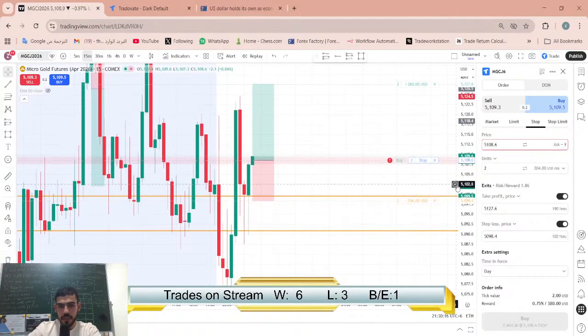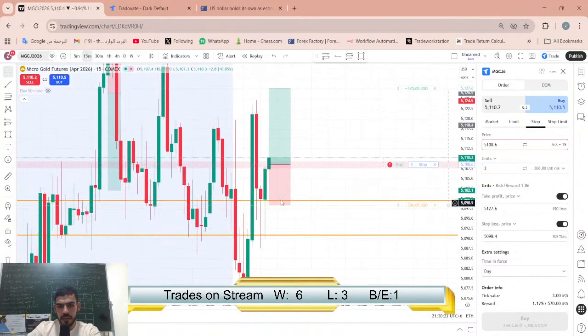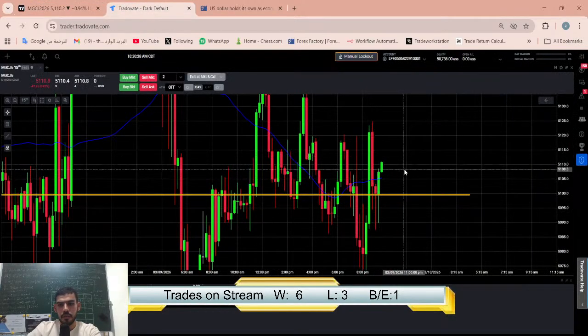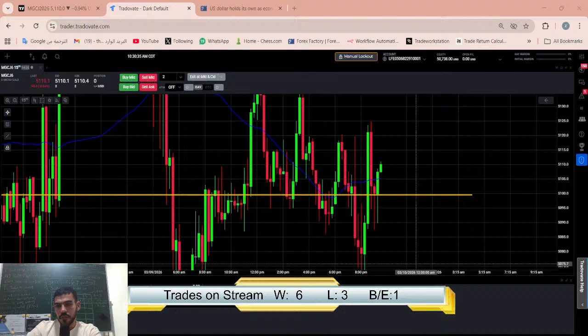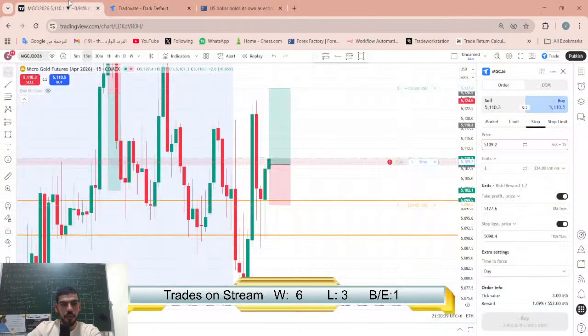We are going to be risking 250, or 300, which is about 0.5%. So now all we want to see is a bottom wick. If this candle could create a bottom wick, we are going to enter our trade.